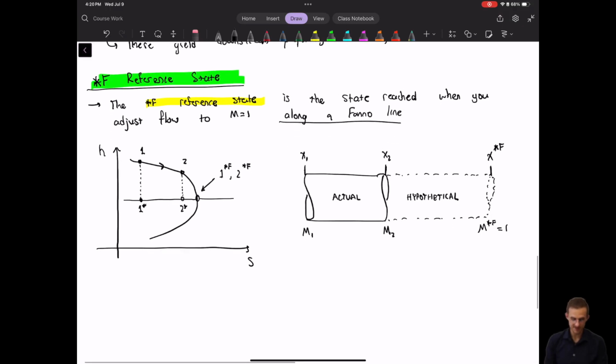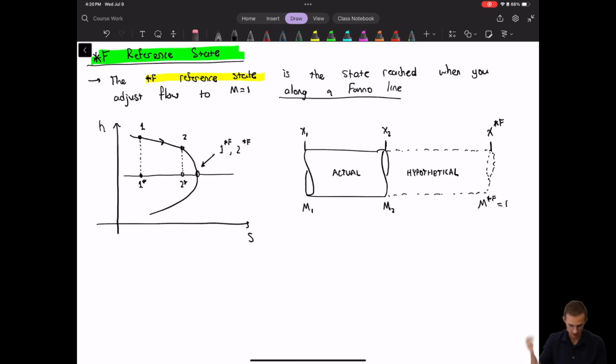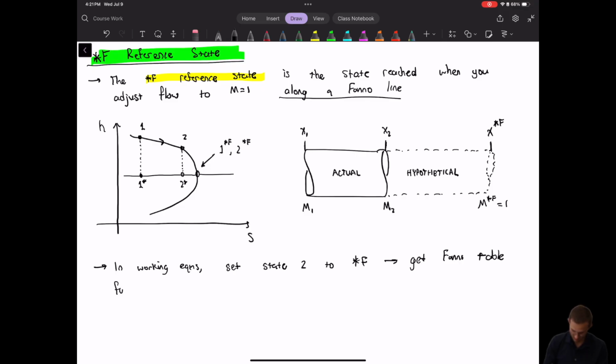So by using this reference state, we can construct Fanno table functions just like the isentropic ones, just by basically setting state 2 to be equal to star F. So in working equations, set state 2 to star F, and then you get Fanno table functions similar to isentropic tables.